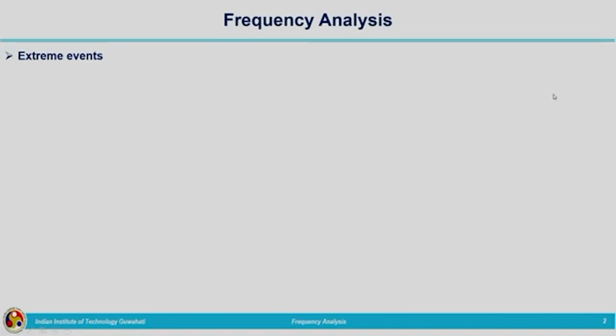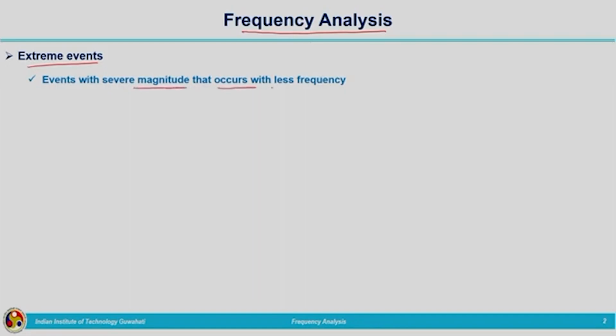For understanding this method of frequency analysis, let us start with extreme events. Extreme events are events with severe magnitude that occur with less frequency. Consider the case of rainfall. We experience rainfall every year, but not all rainfall events create floods.